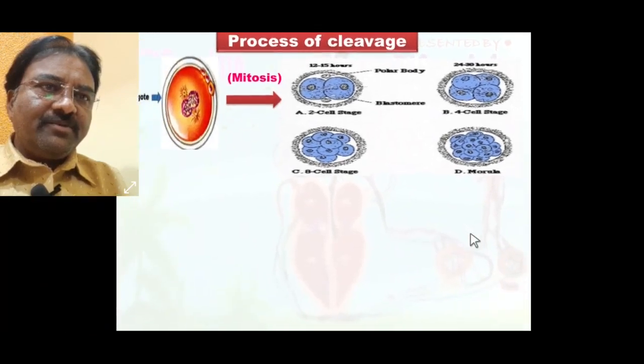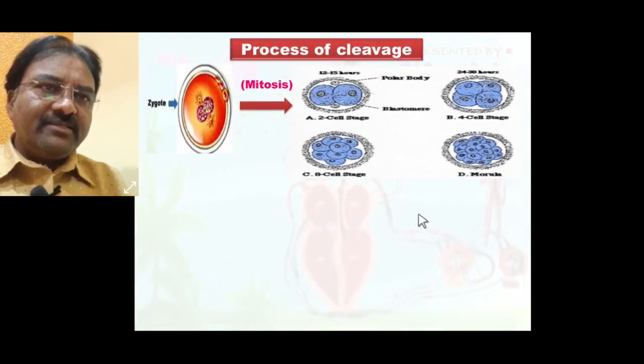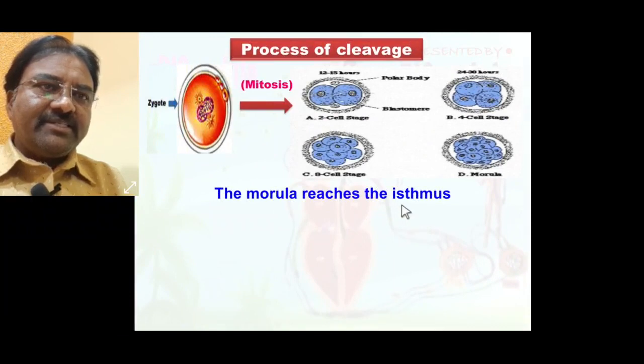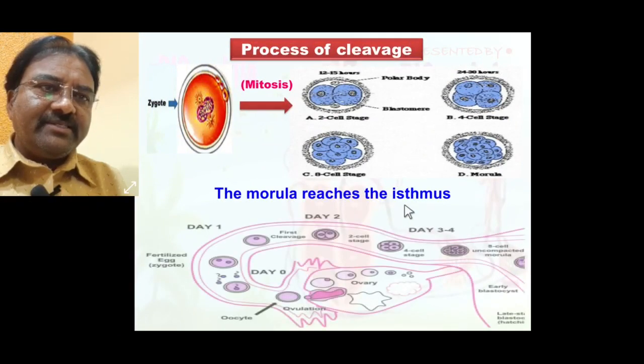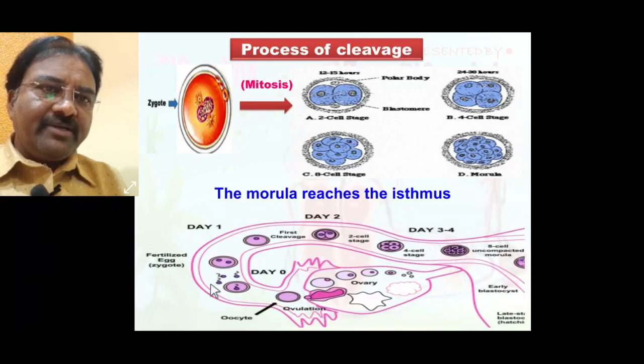This morula reaches the isthmus, which is the part of the oviduct whose distal part opens into the uterus. In the ampulla, fertilization takes place and the zygote is formed.